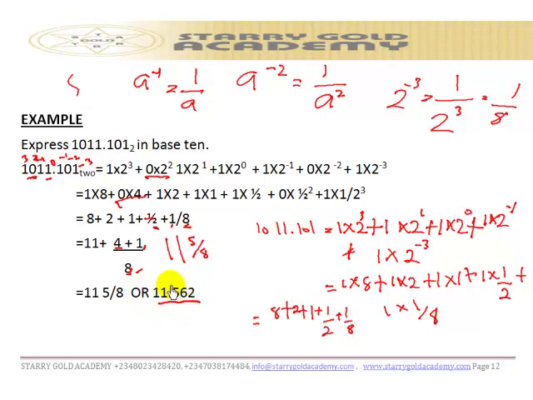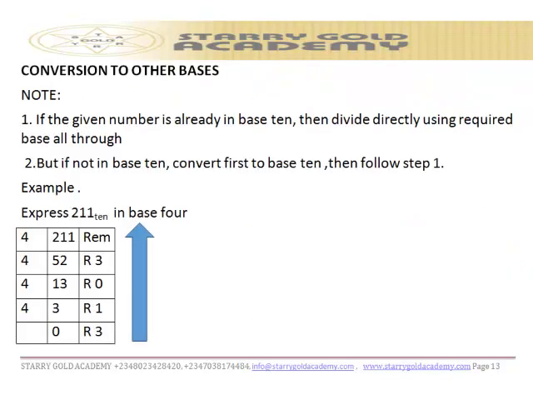So basically, in this expansion of decimal numbers, what's more important is the powers. Target the powers. If you do not miss the powers, then you take cognizance of what you are calculating, and definitely you won't miss the solutions to the problem. So we've been talking about converting to base 10 all the while. Now, how do we convert to other bases aside from base 10?